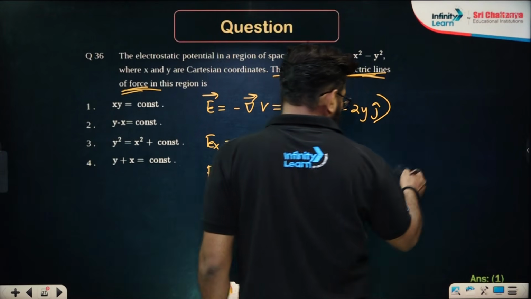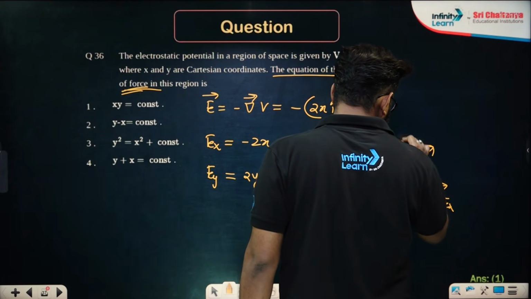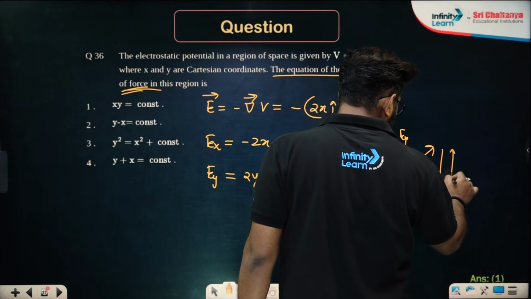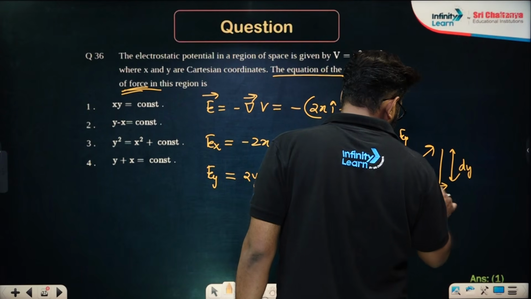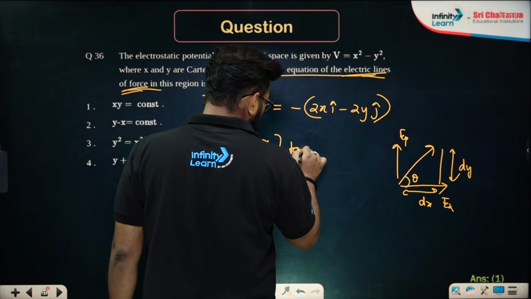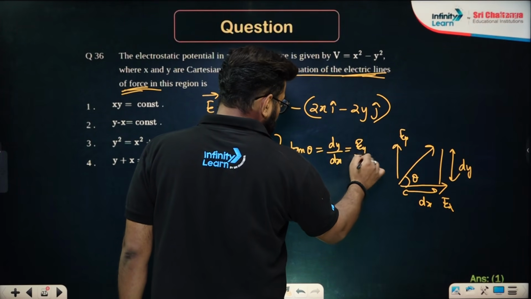Now at any point, if this is the electric field, this will be Ex, this will be Ey. So this is tan theta. Now tan theta over here will be dy by dx, and that eventually will be Ey by Ex.